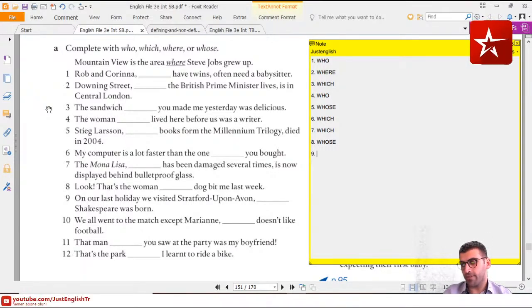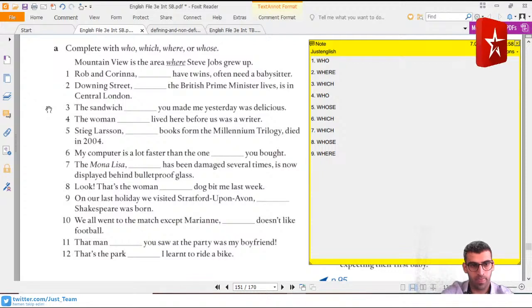Let's wait for the rest of the students' answers. Münevver Kavak also says where is the correct answer. Okay, let me check. Yes, guys, where is the correct answer. On our last holiday we visited Stratford upon Avon, where Shakespeare was born. Yes, number 9 is where.